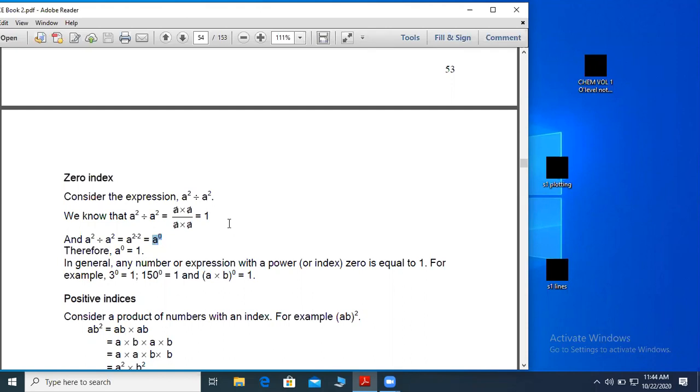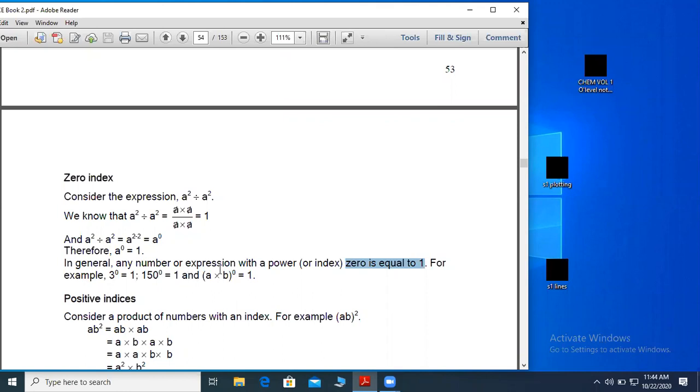So in general, any number or expression with a power or index which is equal to 0, its answer will always be 1. E.g., 3 to the power 0 is 1, 150 to the power 0 is 1, a times b to the power 0, the answer is 1.